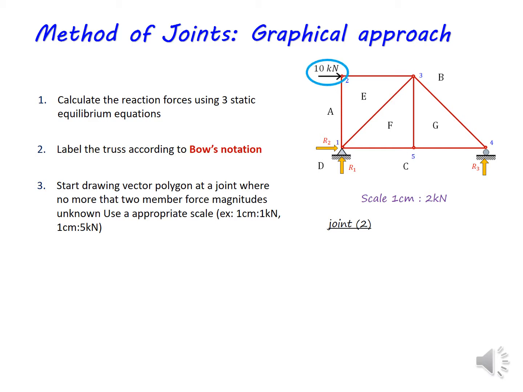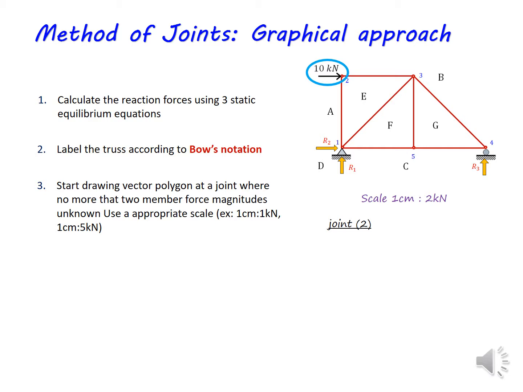So I'll start with the 10 kilonewton, because that is the only known force at that joint. 10 kilonewton I can represent by 5 centimeters according to the scale that I used. So the force 10 kilonewton we can represent by the line AB.